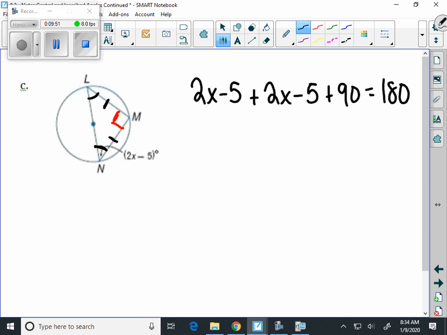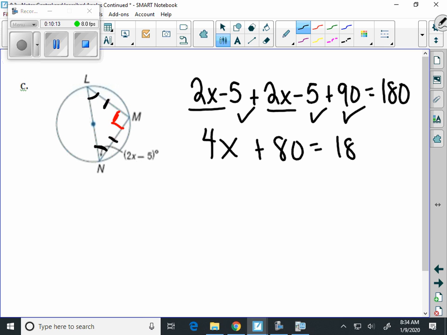And then we're going to get 180 degrees, 180 degrees in that triangle given there. And now we're going to use our algebra skills. We're going to combine like terms. 2x plus 2x is 4x. Negative 5, negative 5, and 90 is 80. And that equals 180.